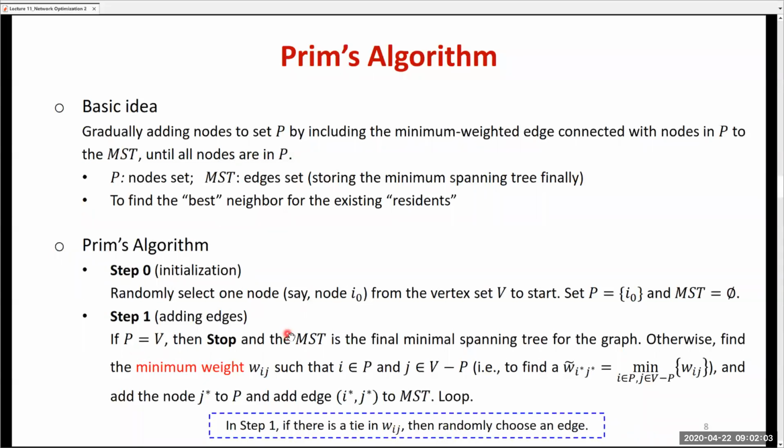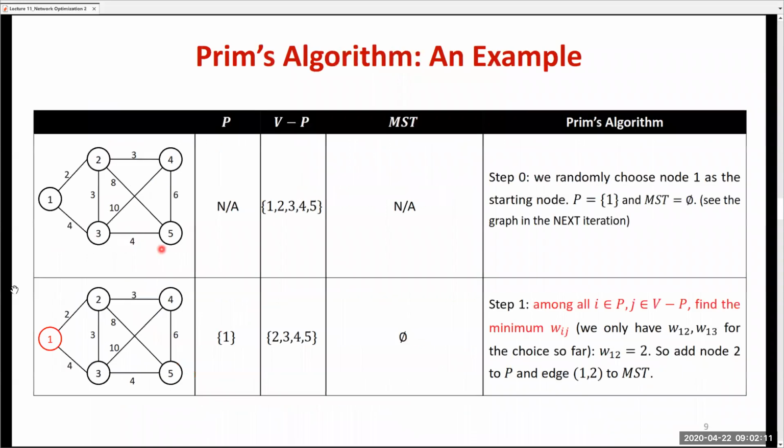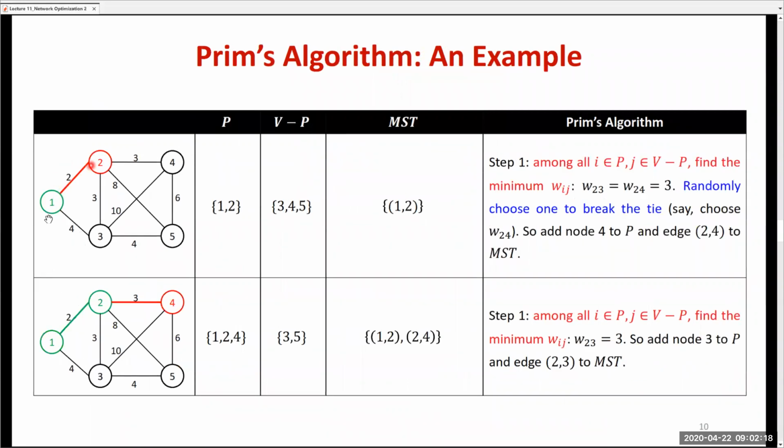And then I'm done. In this case, the MST will store the minimum spanning tree. Okay, and we show an example here. We randomly start from here and we choose the minimum weight, which is this one. Now my P is 1 and 2, and then we choose the minimum one such that one node is in P and the other node is not in P, so that we have this or this.